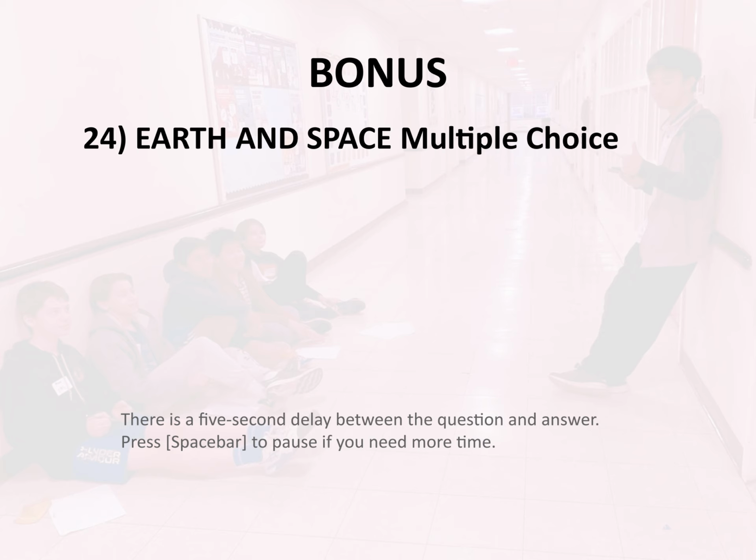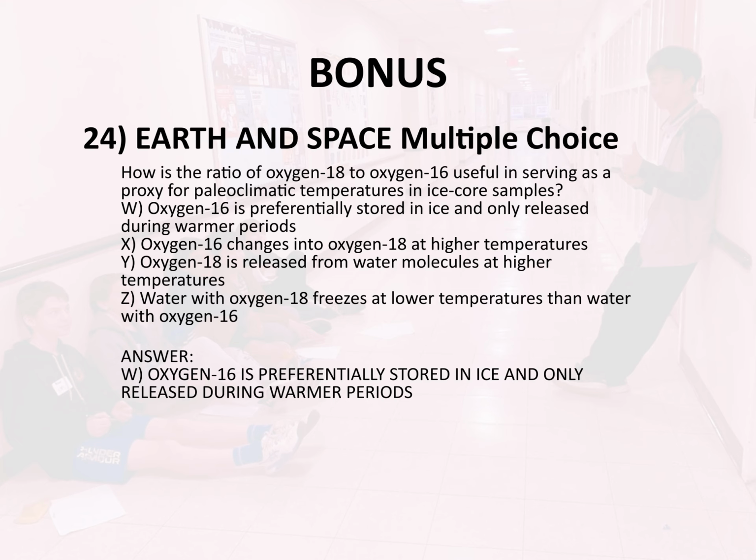Y. Oxygen 18 is released from water molecules at higher temperatures. Z. Water with oxygen 18 freezes at lower temperatures than water with oxygen 16. Answer: W. Oxygen 16 is preferentially stored in ice and only released during warmer periods.